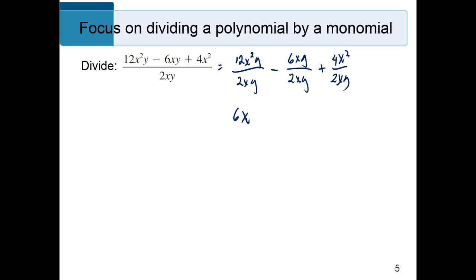6x. Success. Next, minus 3. Next, plus 2x over y. Y'all are good. Just split them up and then simplify. And that's a perfectly good way to leave your answer.